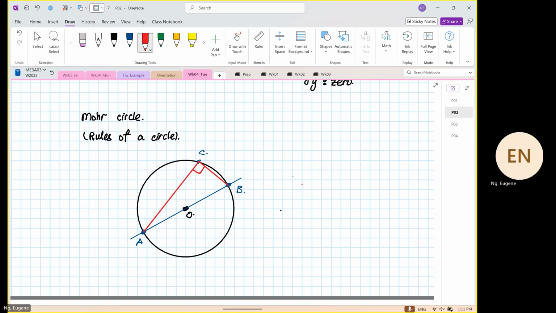Always. If you were to construct that properly, you always will see that it's equal to 90 degrees.